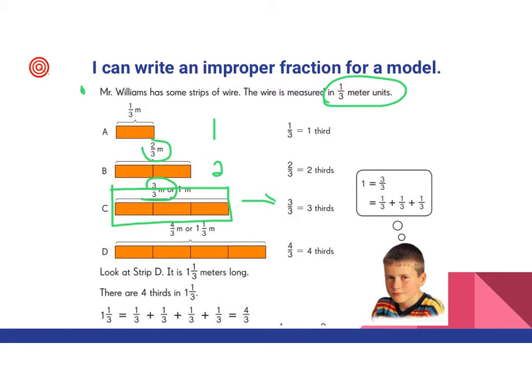So 3/3 is one whole. But then if you tack on another third, you have a little bit more than one whole. You've got 1 and another third. 1 and 1/3 as far as a mixed number. So this is showing that 1 and 1/3 is 1, 2, 3/3 plus another third, making 4/3 total.